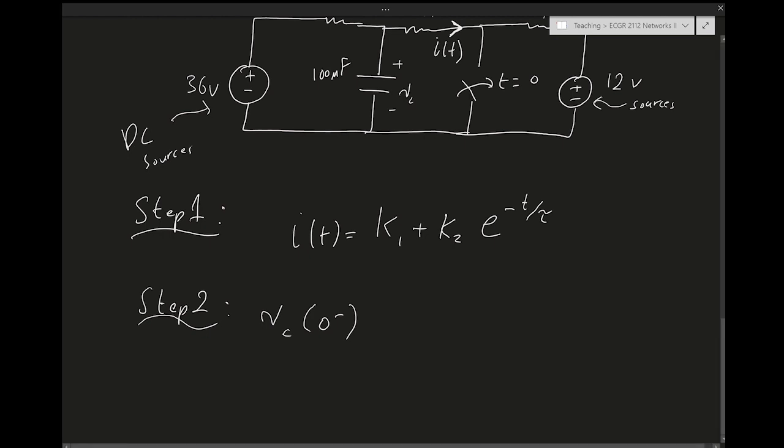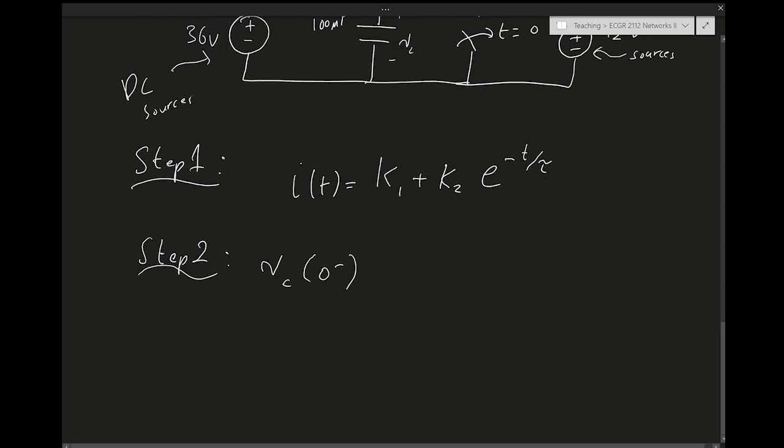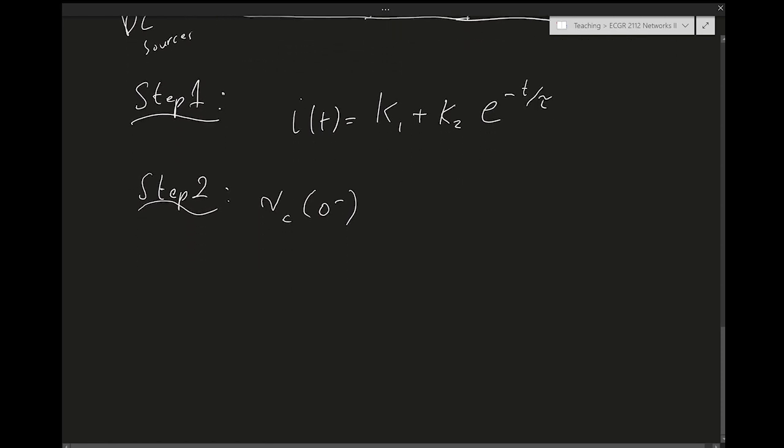So the assumption is that just before the transient, the circuit has already reached steady state. There are no older transients that are still happening. Any older transient has already subsided by that point. Okay, so the thing that we need to do is that the capacitor is going to be an open circuit. So I'm going to redraw the circuit. So I have 2 kilo ohm.